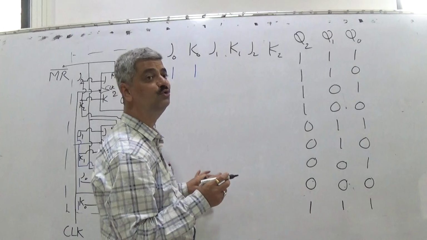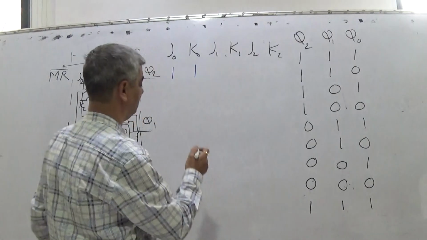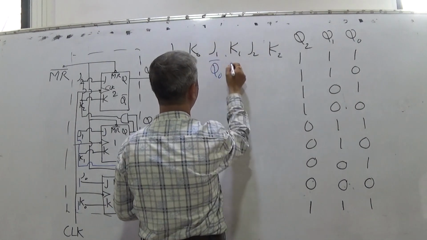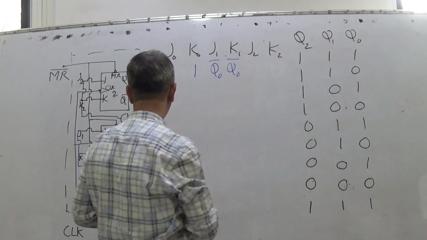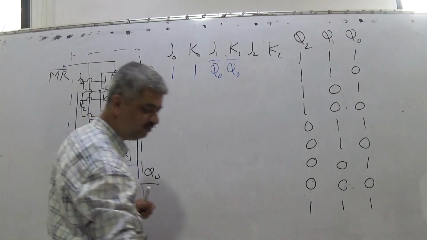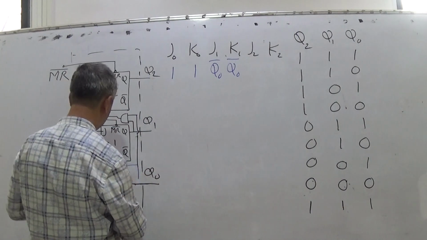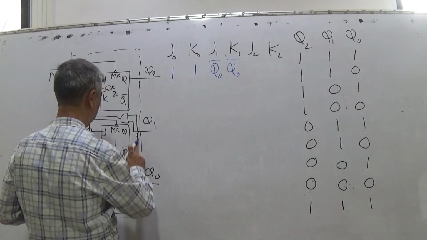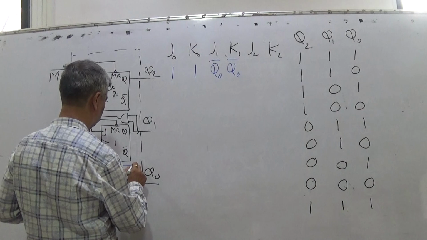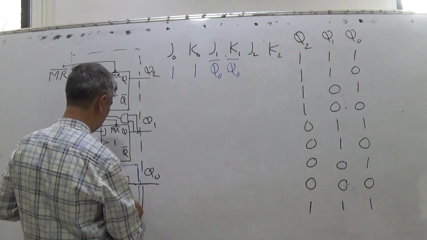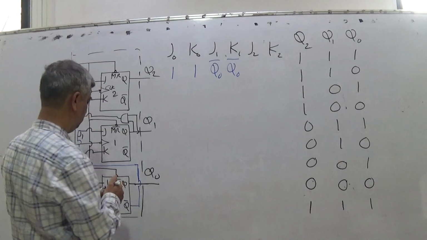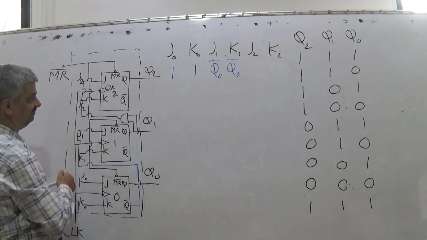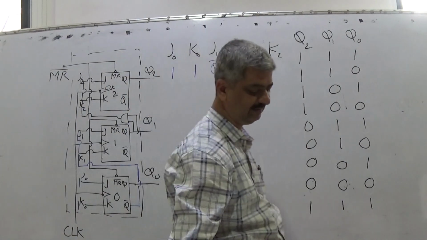So you will invert Q0 and connect Q0 bar to J1 and K1. There is no need of any NOT gate, because the Q bar is already available with you. This is flip-flop number 0, and Q0 bar is connected to J1 and K1.